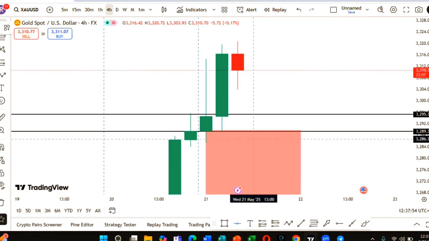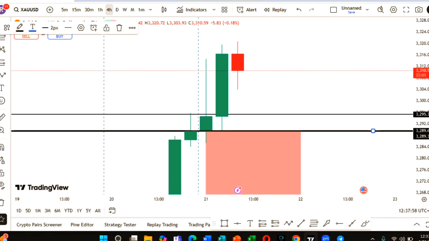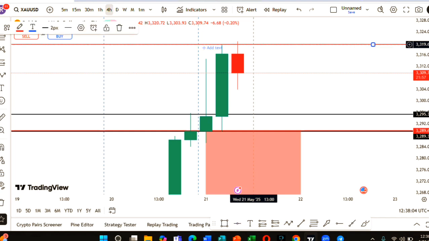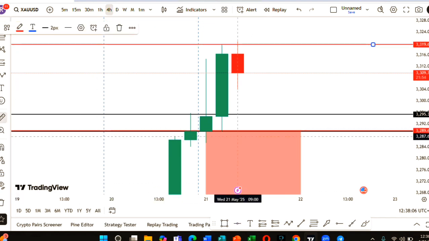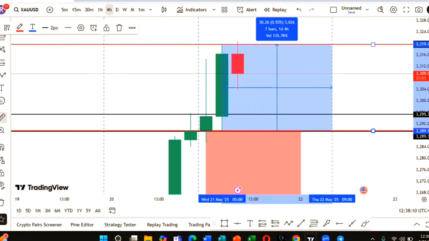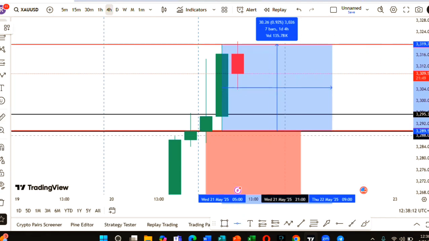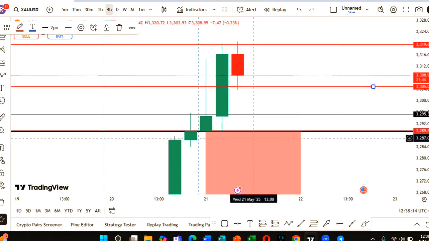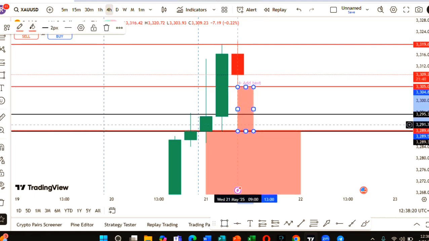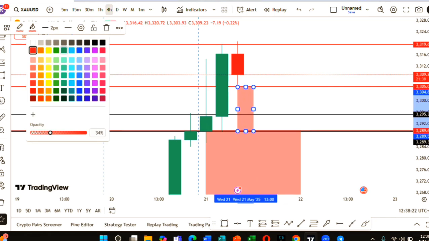Let's mark the previous 4-hour high and low with red, and mark the middle from here to here. We are expecting to buy from this point.